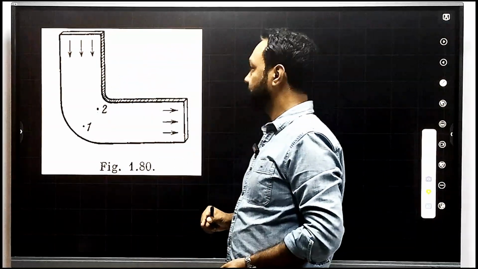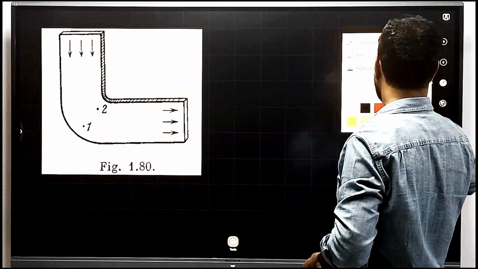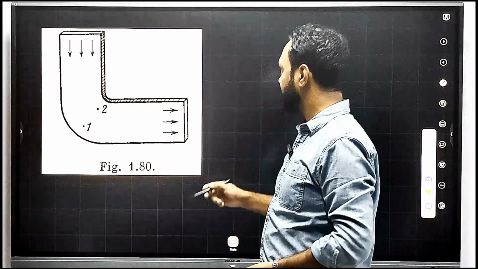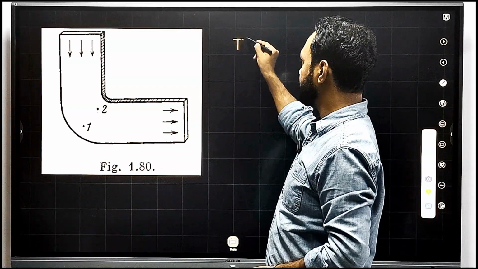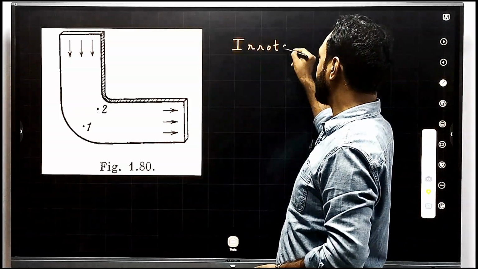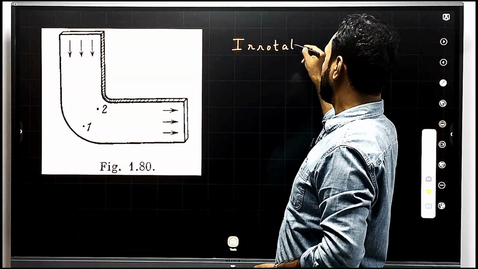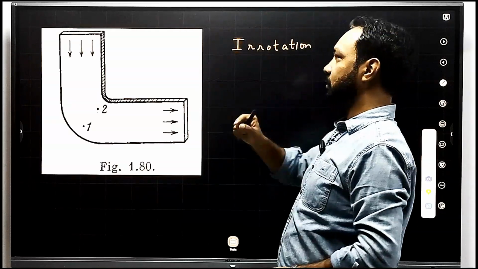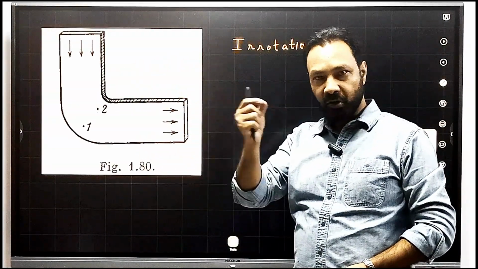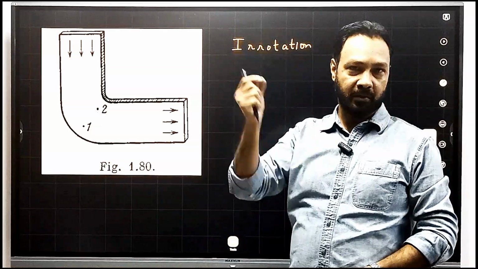And now about the velocity part. An ideal fluid is also irrotational. What do you mean by irrotational? Irrotational means it does not form any vortex. Understand vortex? Vortex is a whirling kind of thing. So there is no rotational part along a closed path.